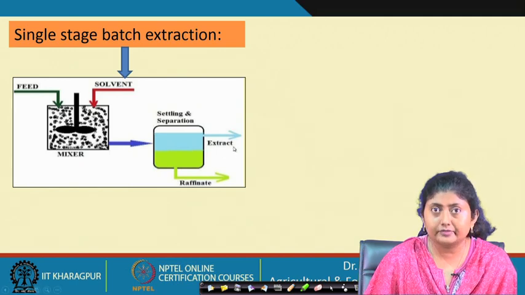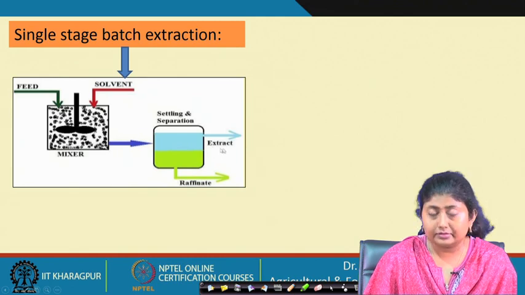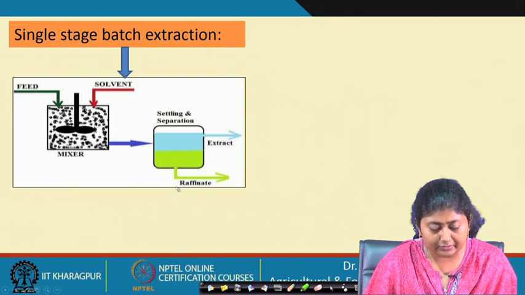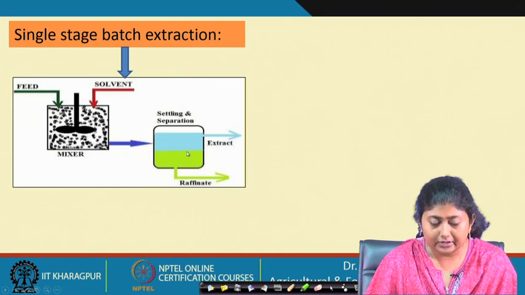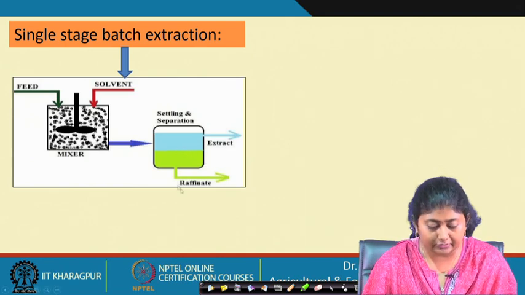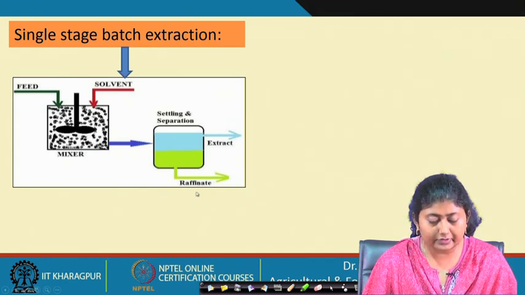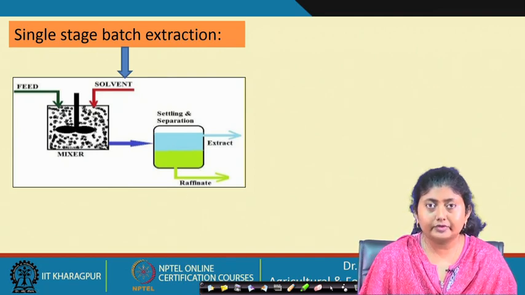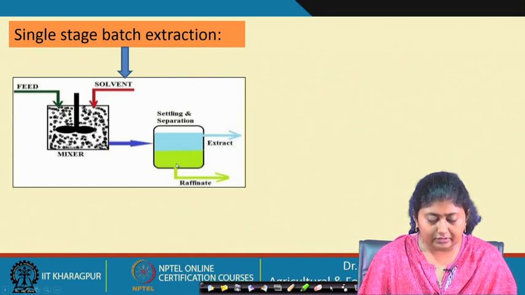The extract, which has the solvent and the solute component, goes away, and this is also called the overflow in the leaching process. The other stream is the slurry from which the solute has been extracted, which is dilute in terms of solute. This is called raffinate for liquid extraction, and in leaching it is called the underflow, where the solid and a little bit of solvent are present.